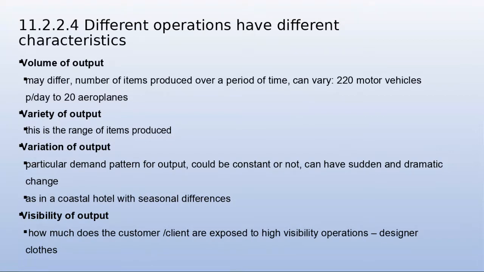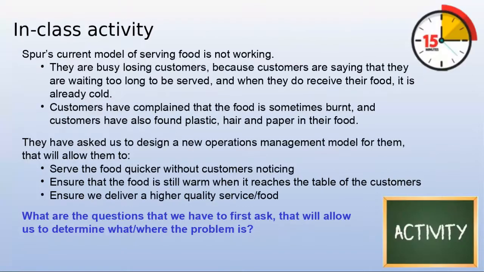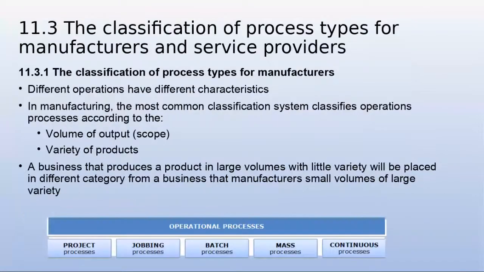So guys, I'm going to skip over this slide and then we'll come back to it. When we look at the process types for manufacturers, the classification system is according to the volume of output as well as the variety of products. So we have project processes, jobbing, batch, mass, and then a continuous process.